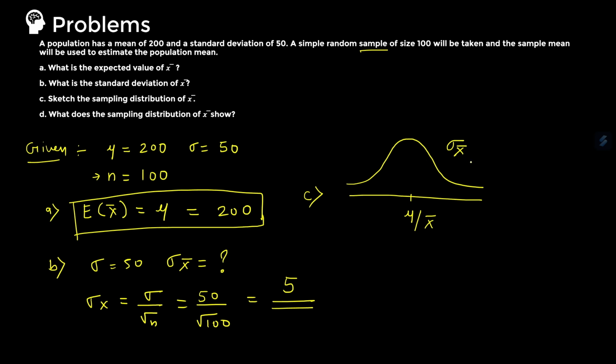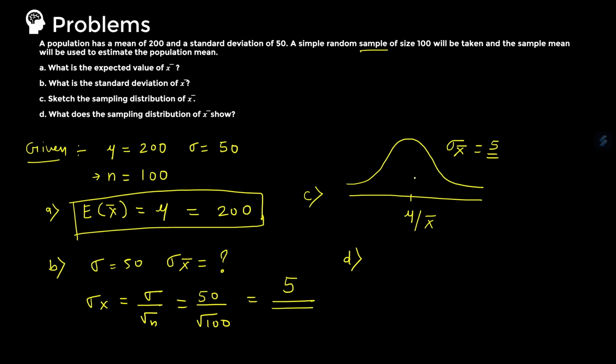This is the only sketch you will draw when the question asks. D is asking, what does the sampling distribution of x bar show?